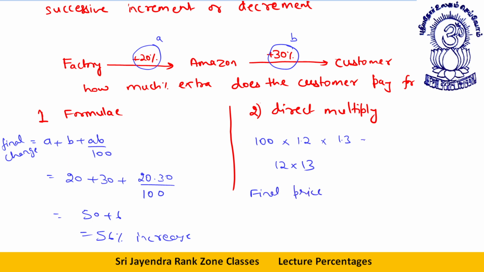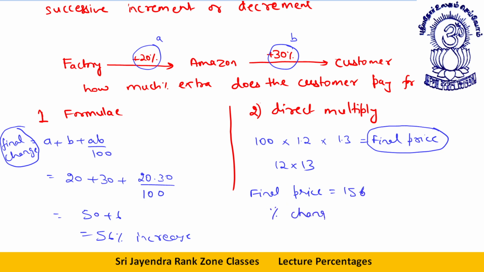In the first method, you directly calculate the final change. In this method, you calculate the final price, a type of question I did in the second lecture. The final price is 156, so the percentage change is 156 minus 100, that is 56%.